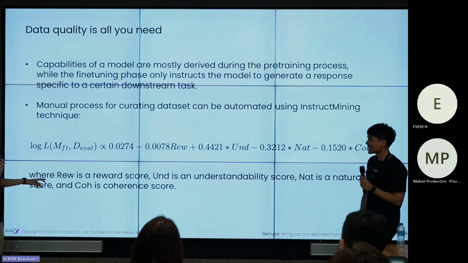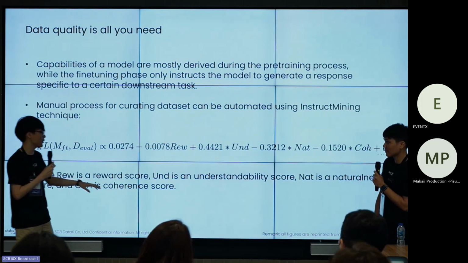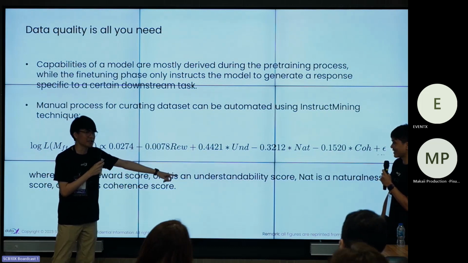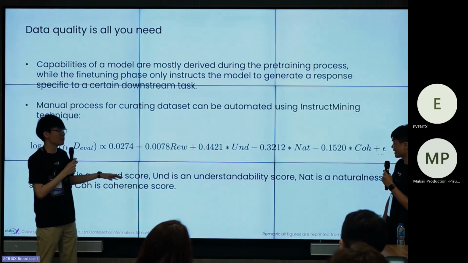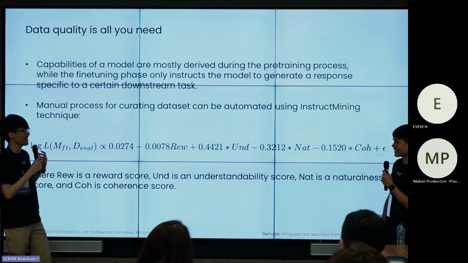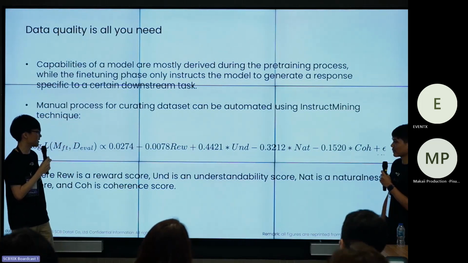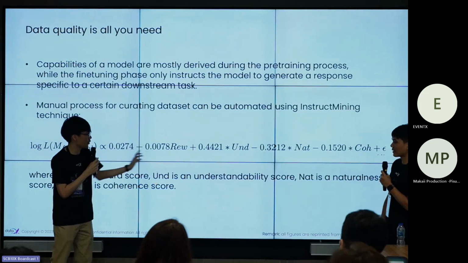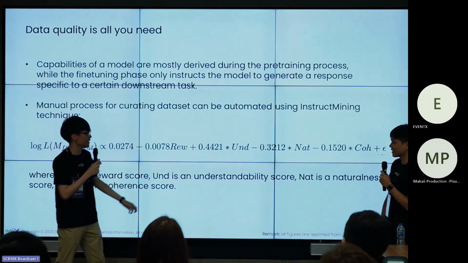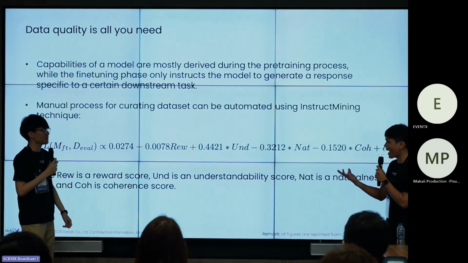The reward score means that if your data set contains more of this, for example the understandability score, it means that data quality has a correlation with the understandability score from those data sets, which contributes the highest impact, right?